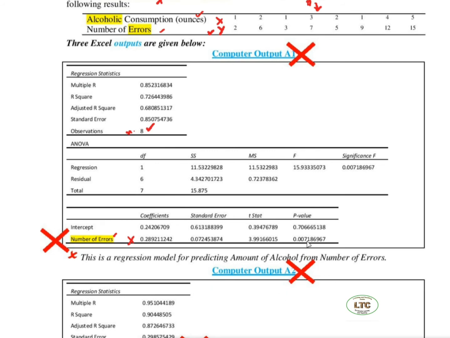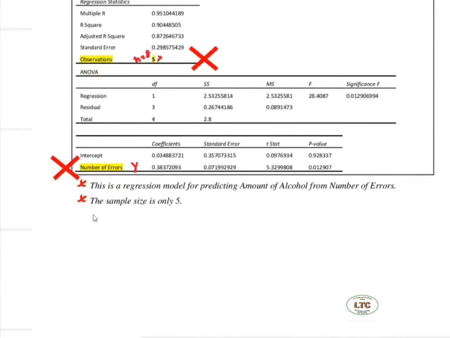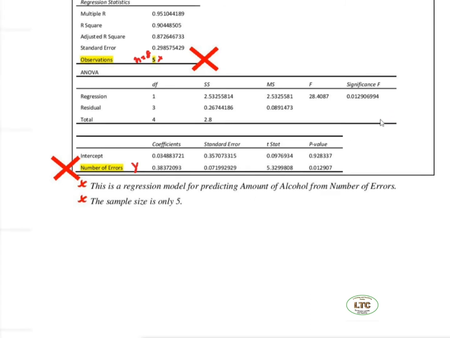Outputs A1 and A2 are false outputs. This is a regression model for predicting amount of alcohol from number of errors. Actually, we want the model for predicting errors from amount of alcohol. This is the first mistake. The second mistake is sample size wrong, not 5, 8.